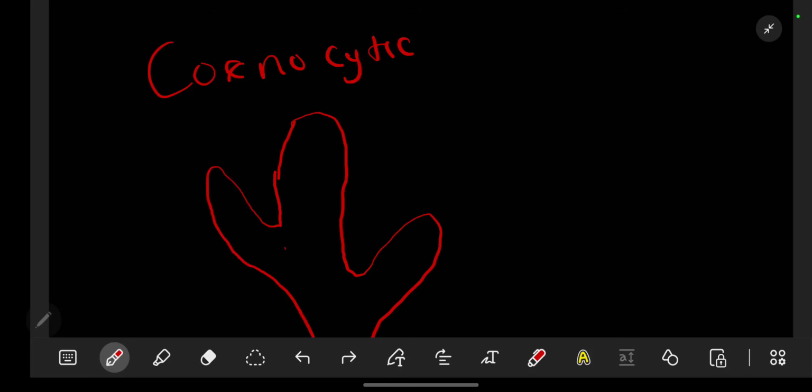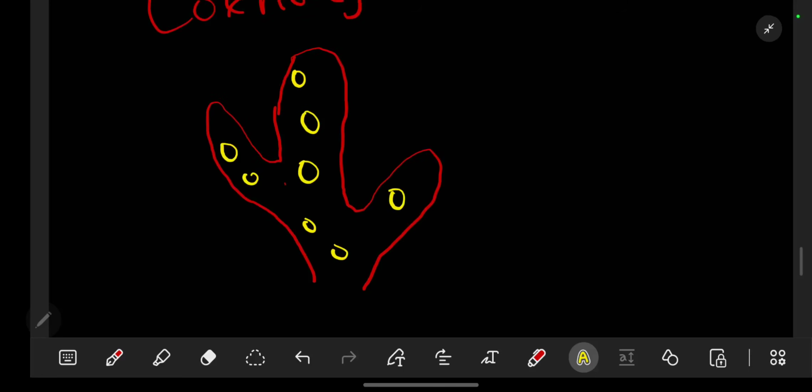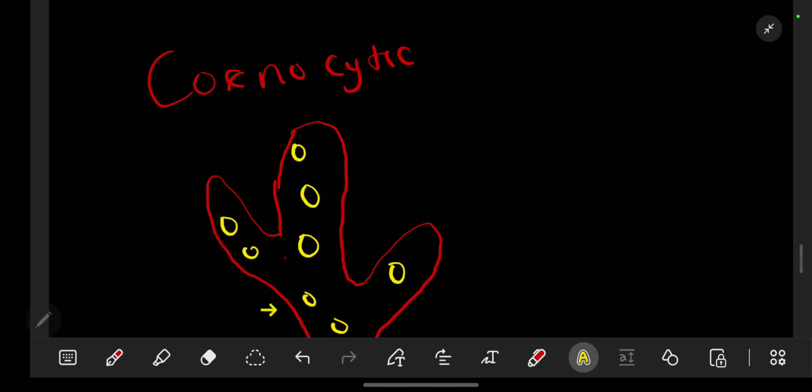This is what we mean when we say they are unsegmented and coenocytic. They have a lot of nuclei but lack a cross wall. As you can see, all these are nuclei. That is what we mean when we say they are unsegmented.